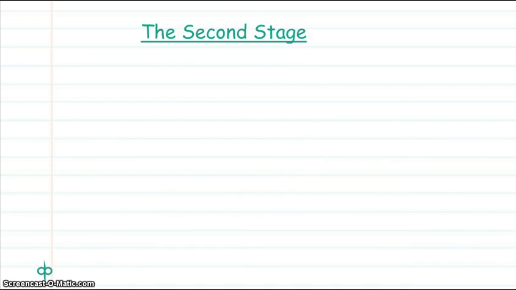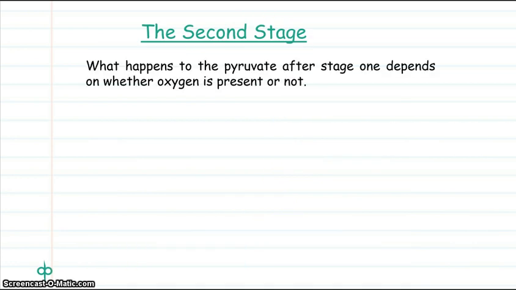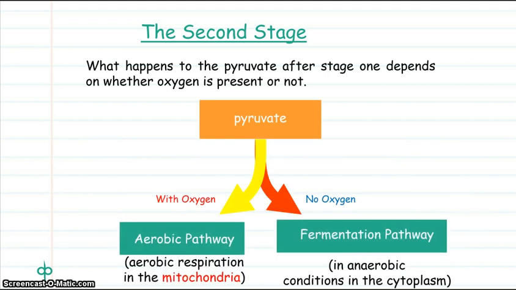Now, the second stage of respiration depends on whether oxygen is present or not. If oxygen is present, then respiration continues along the aerobic pathway, and that occurs in the mitochondria. If there's no oxygen present, then the fermentation pathway takes place, and the process is only carried out in the cytoplasm.